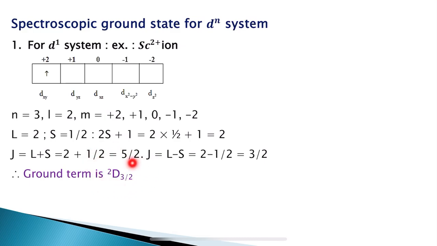So, this is how we are going to represent the ground term of the D1 system. Here, 2 is the spin multiplicity. So, here we are going to write the spin, and here we are going to write the J value. J is 3 by 2. Okay. So, this is what we studied.